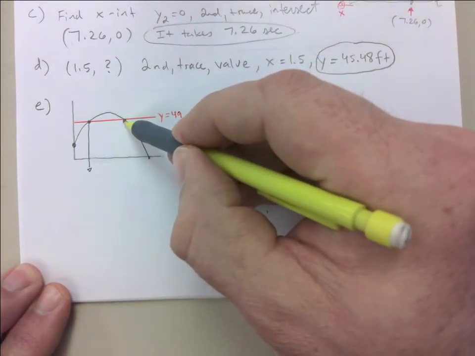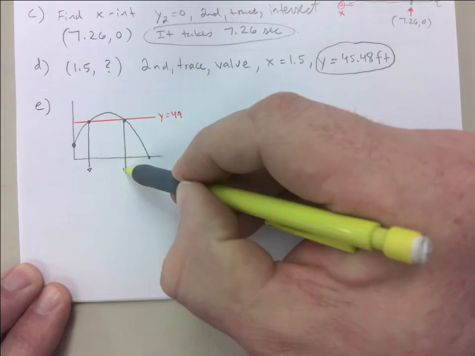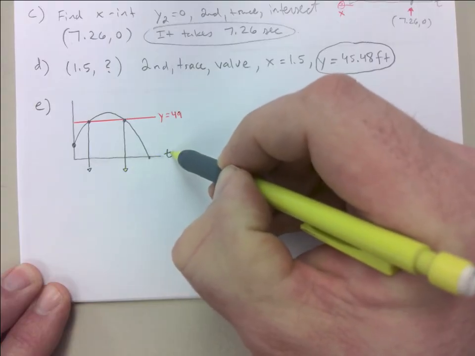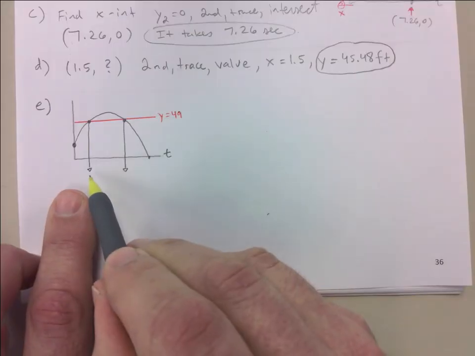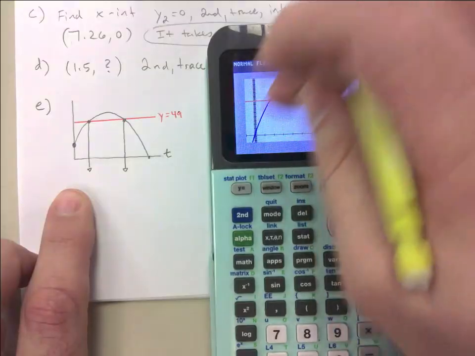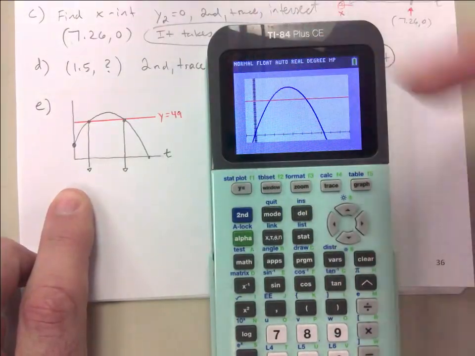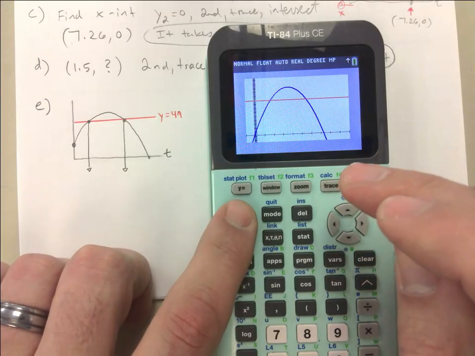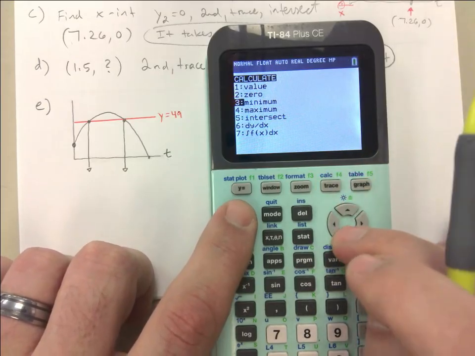And we're going to find out this value right here. Because remember, this is time. Okay? And what do we use to find a point when two lines meet? Second, trace, intersect.